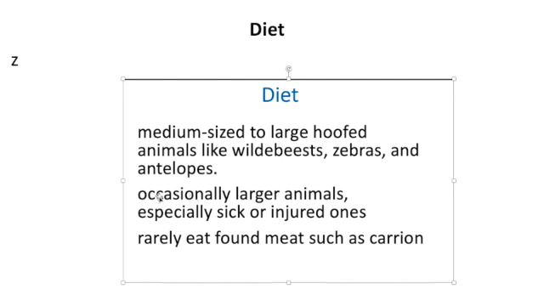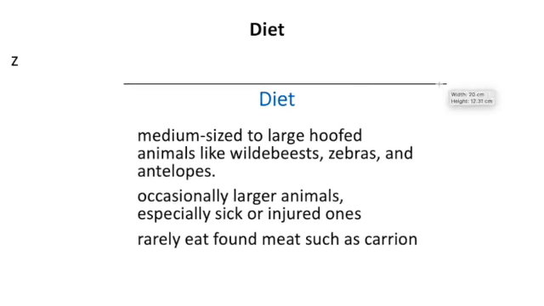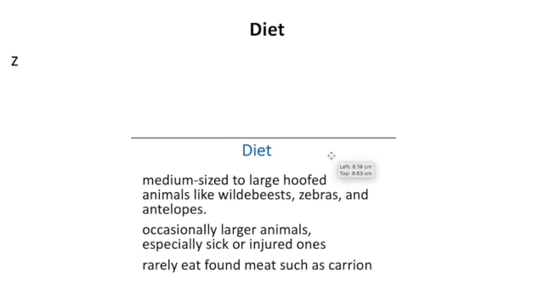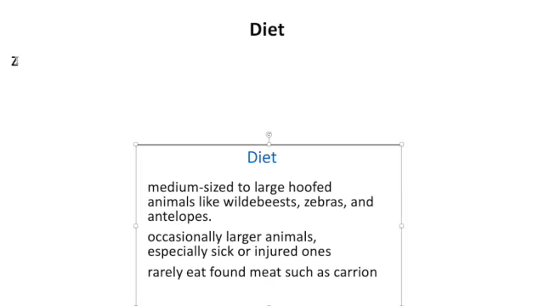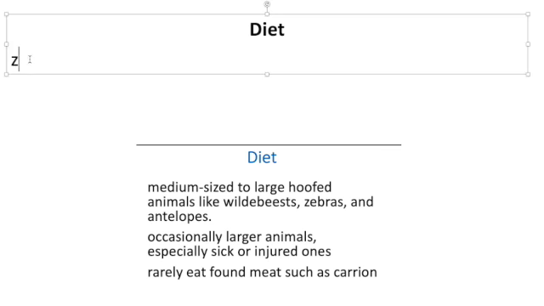Occasionally means sometimes, especially sick or injured ones. And then they rarely eat meat found such as carrion. If you don't know what carrion is, carrion means an animal that's just died, so dead animals. Lions will very rarely, sometimes, eat carrion if they're really hungry.